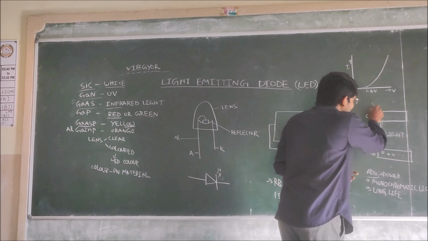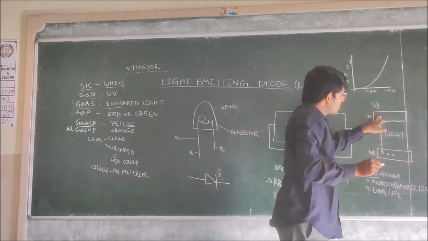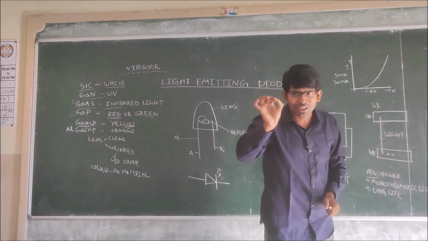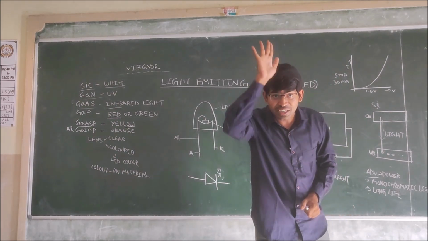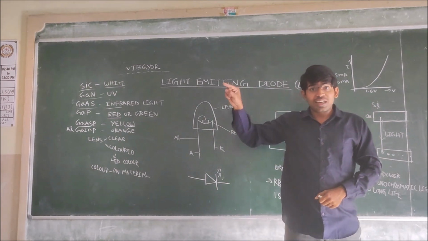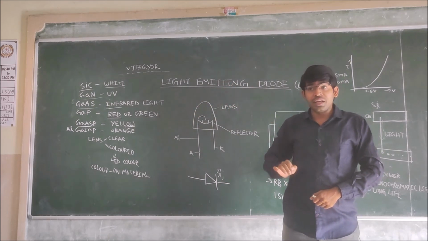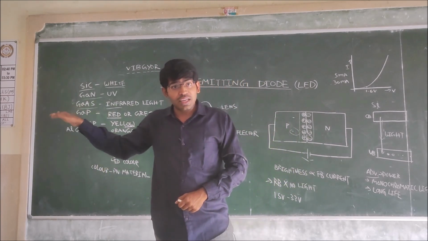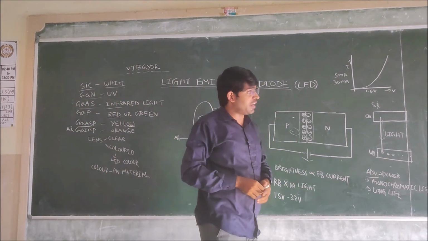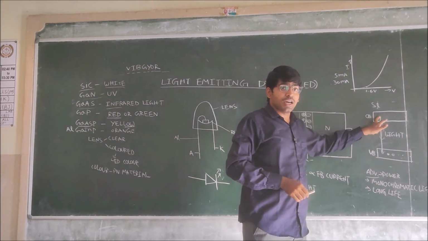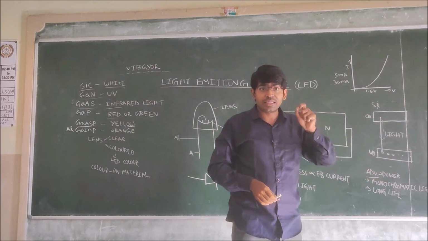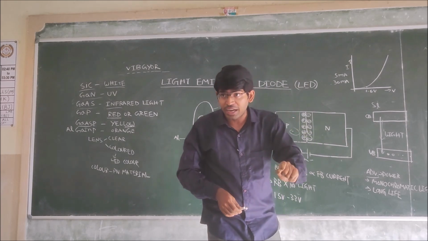If you take silicon, when the electrons are moving from the conduction band to valence band, they release the energy in the form of heat. But in the case of gallium arsenide, or gallium nitride, or gallium arsenide phosphide, the electrons, when they are moving from the conduction band to valence band, are releasing energy in the form of light.